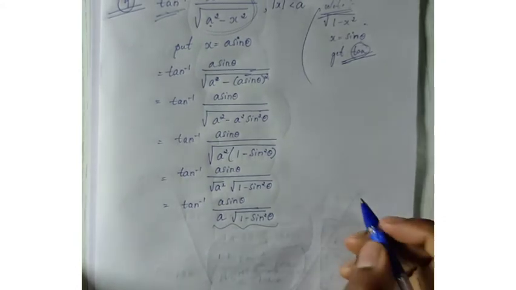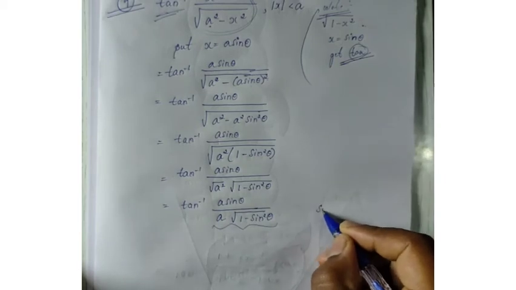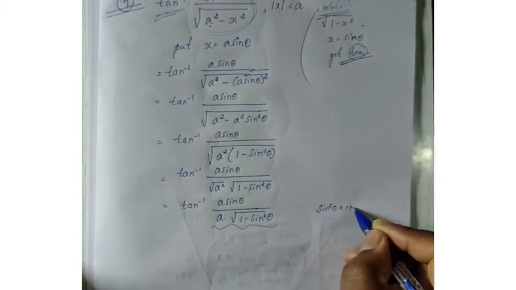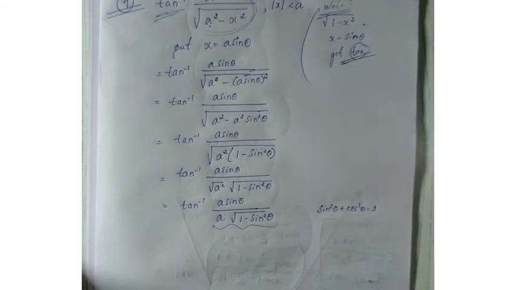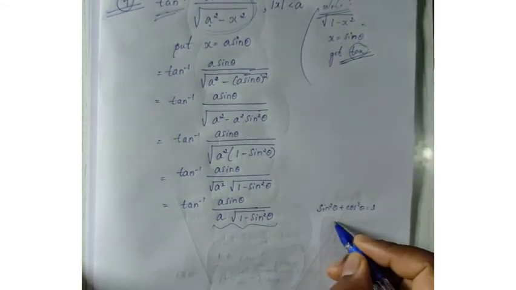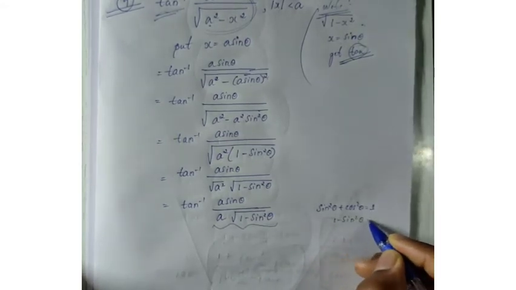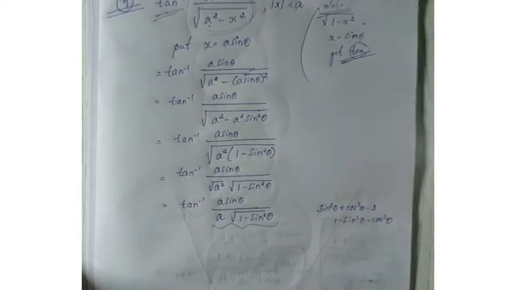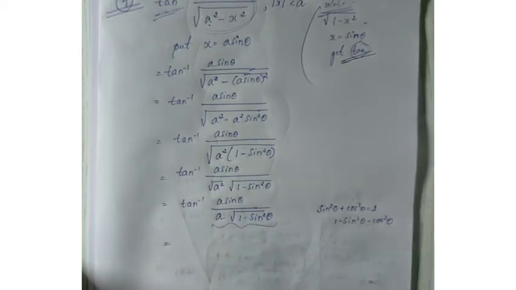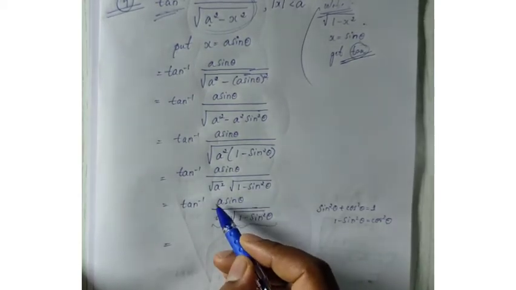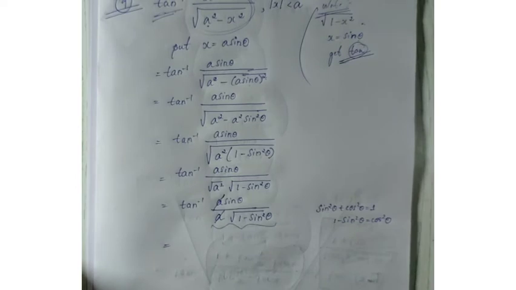So now how can you bring this term in the form of tan? We know that sine square theta plus cos square theta is equal to 1. Therefore you can write 1 minus sine square theta as cos square theta. So in the denominator you can see the changes. Before that, we shall deal with a. Let us cancel it out, a and a.